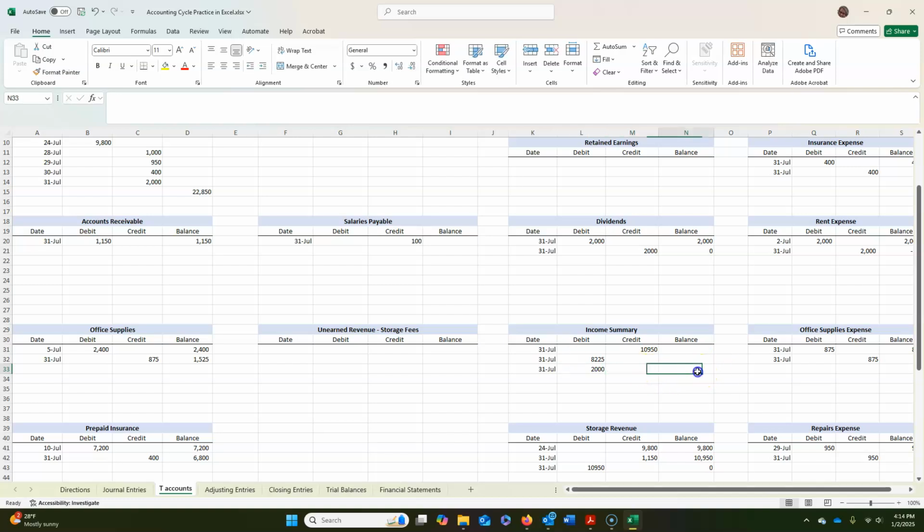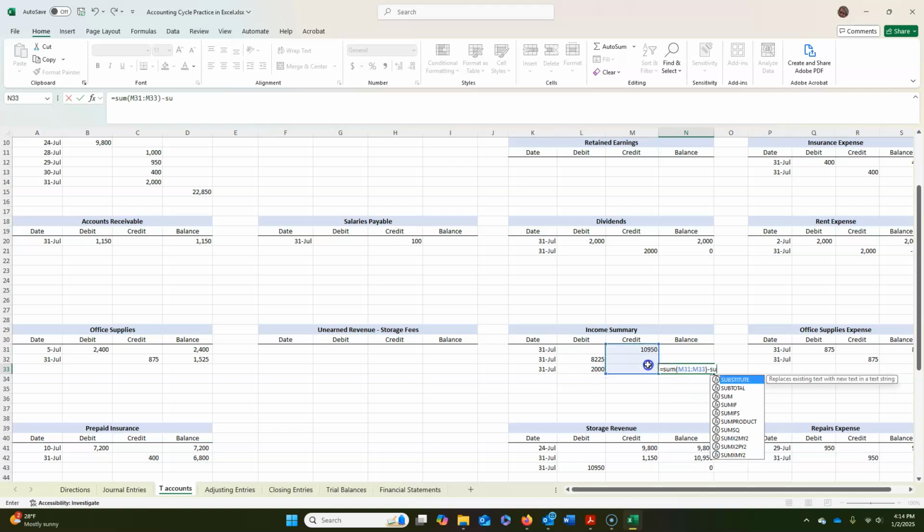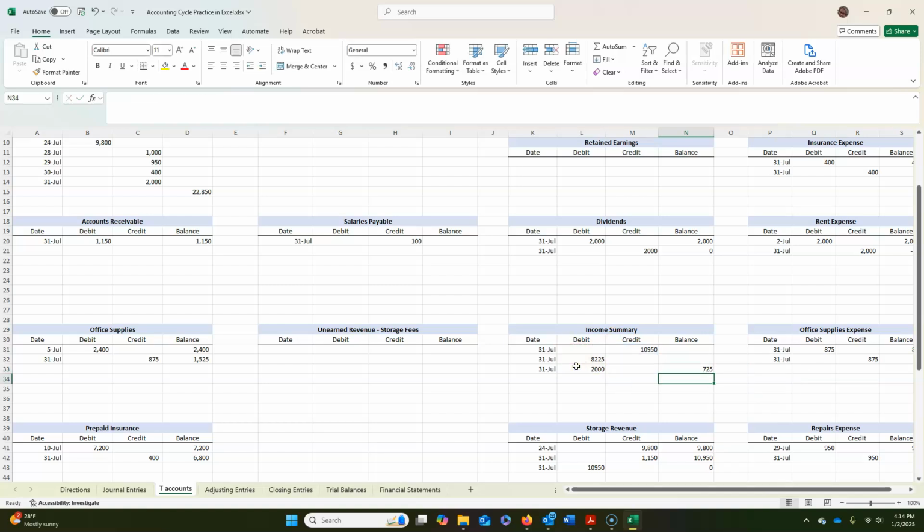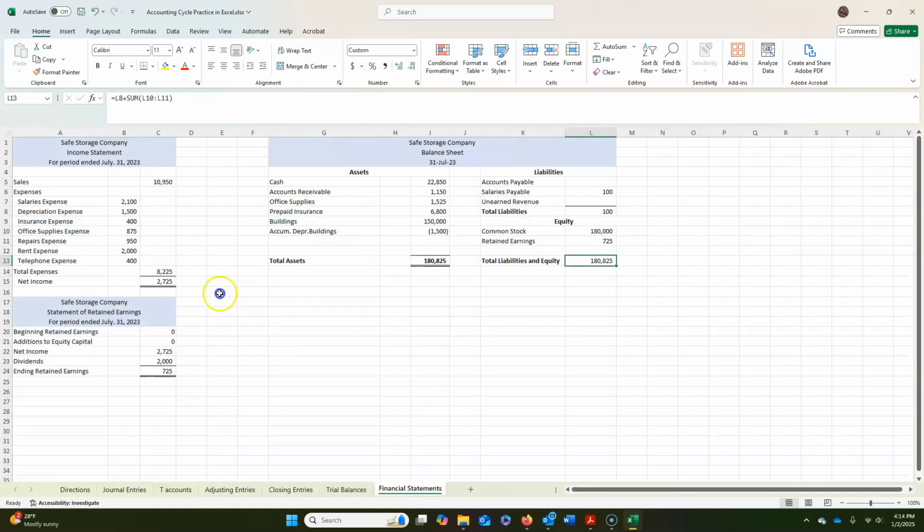Okay, so now we get the balance in income summary, which is the total credit column minus the total debit column. If you did your closing entries correctly, the balance in income summary should match the balance on your ending retained earnings.